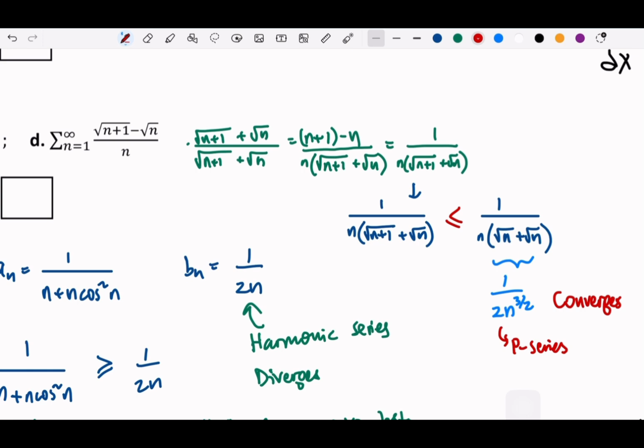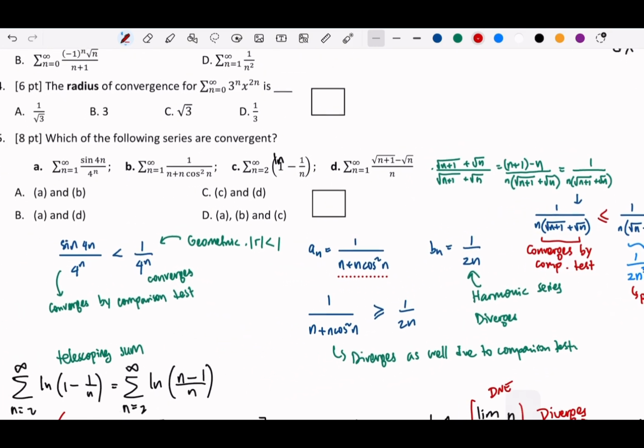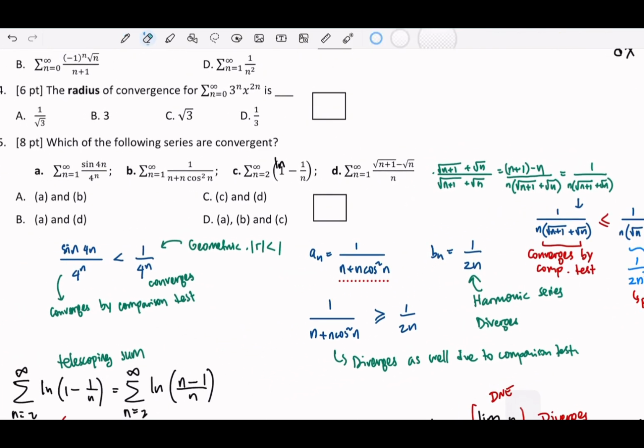And since ours is less, then this also converges by the comparison test. So this is mostly done by the comparison test for all the series here. Mostly they can be solved through the comparison test, either the direct comparison test or the limit comparison test.